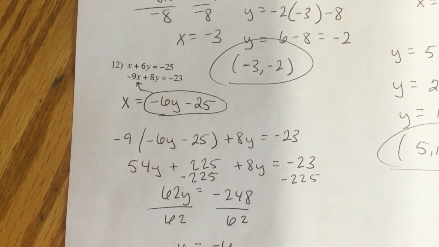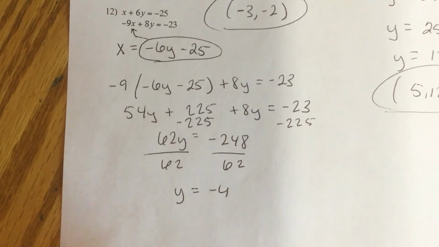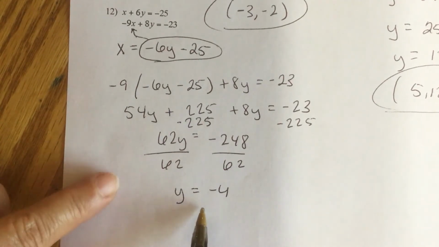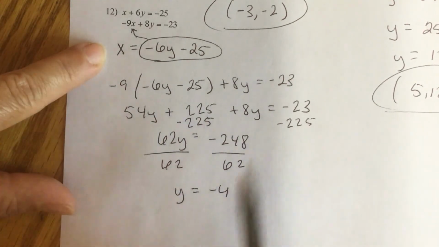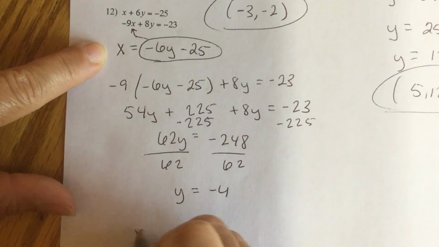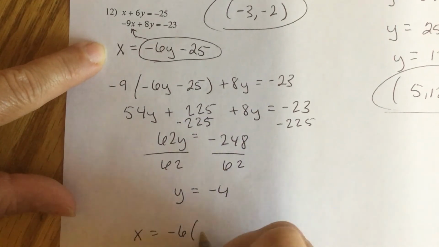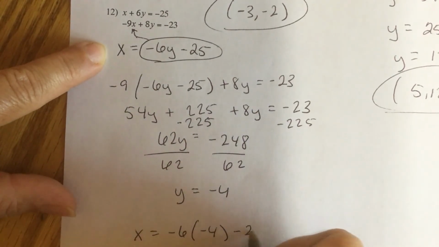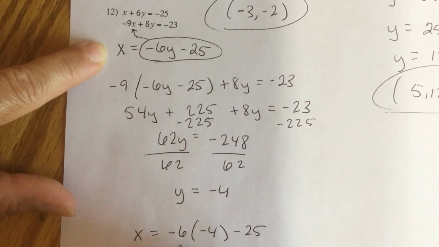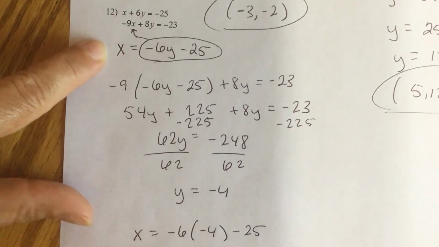So again, once we have what our first letter is equal to, it's easy to find what our x is equal to because we can plug it in. So x is equal to negative 6 times negative 4 minus 25. That will be a positive 24 minus 25, so we get a negative 1. So x is equal to negative 1.